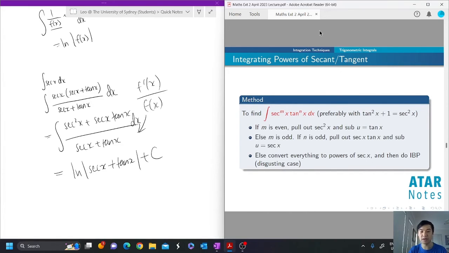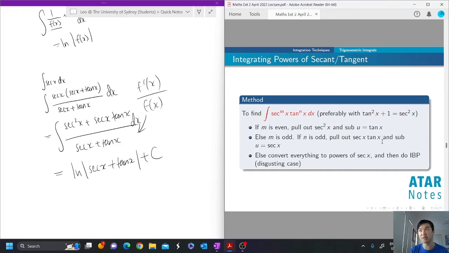And if we're integrating powers of sec and tan, it's the same sort of guiding principle. If your power of sec is even, you can pull out a sec squared and then use the substitution u equals tan x, because remember, the derivative of tan is sec squared.